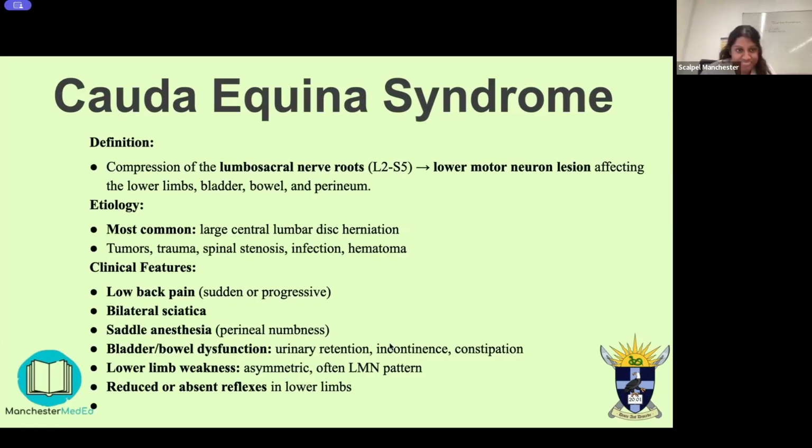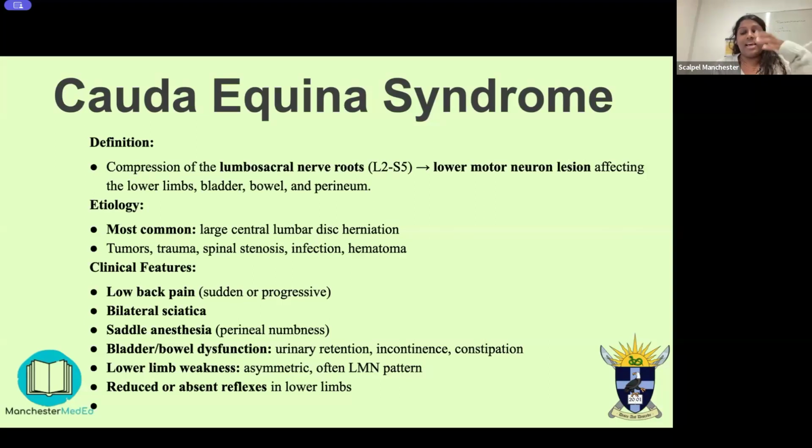Hi guys. We're just going to be wrapping up with one of the last surgical emergencies in orthopedics. It's called cauda equina syndrome. This is the compression of the nerves between L2 and S5, and it presents as a lower motor neuron lesion.